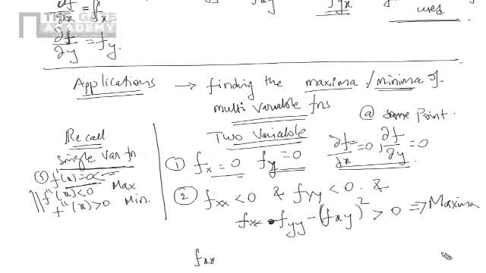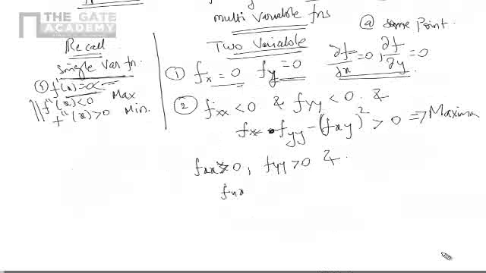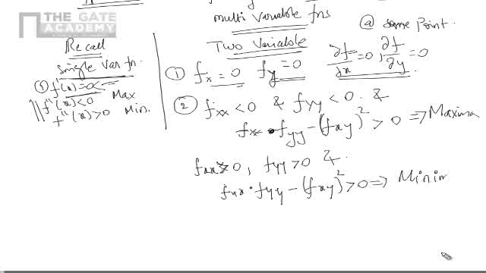Similarly, fxx is greater than 0, fyy is greater than 0 and fxx into fyy minus fxy the whole square is greater than 0, then it is called minima. At this point the function is having a maximum value, and at this point the function is having a minimum value.